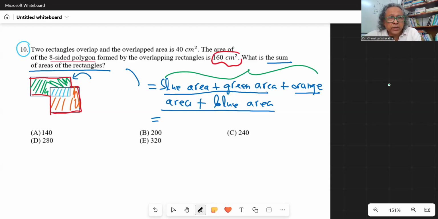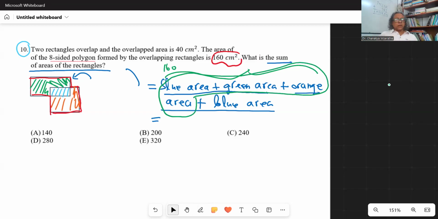That's given as 160, right? So the sum of the areas is the area of the eight-sided polygon plus the blue area, which is 40. 40 plus 160 is 200, and that is the answer, right?